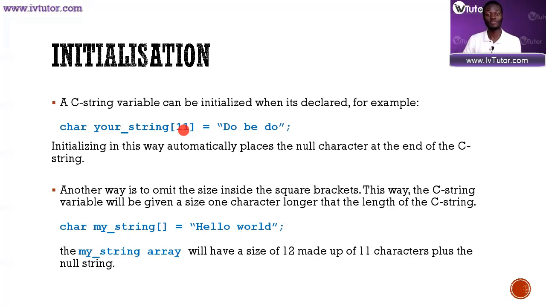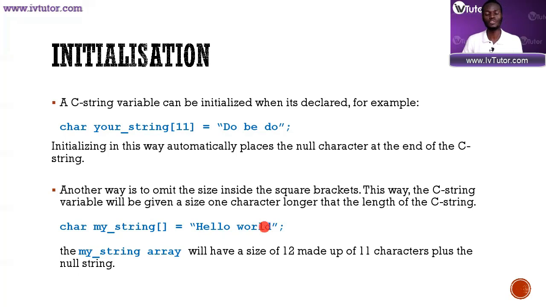So for your C-string to be valid, and you do it like this, it means that the size of your array must be enough to accommodate your whole string plus the null character, okay? But another way you can also initialize a C-string is to just leave your brackets empty.